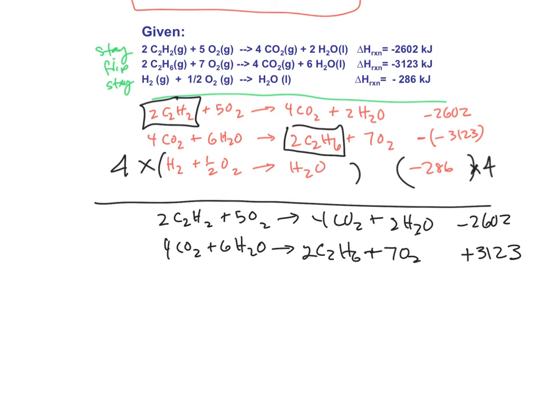And then you have 4 H2 plus 2 O2s forms 4 H2O, and that'll be 4 times 286, hold on, 286 times 4, 1144, that is negative. Let me double check that, 286 times 4.